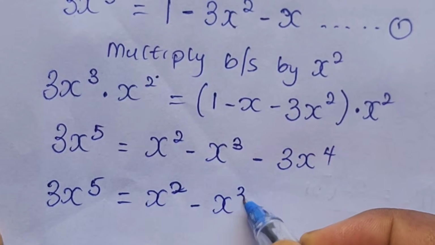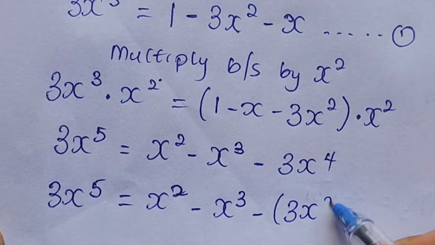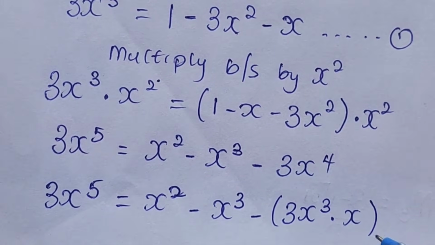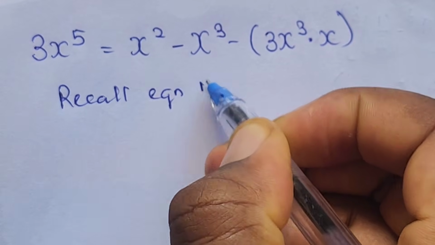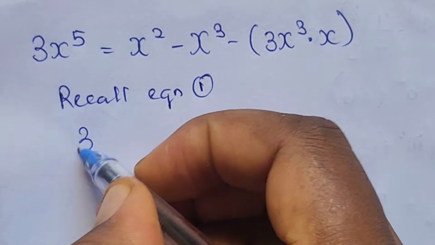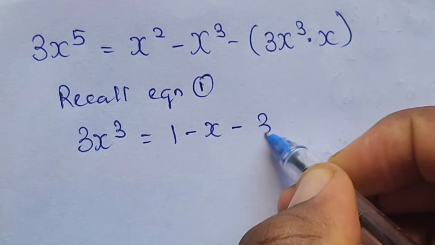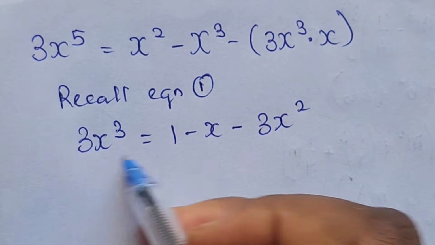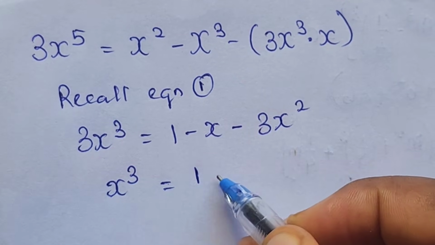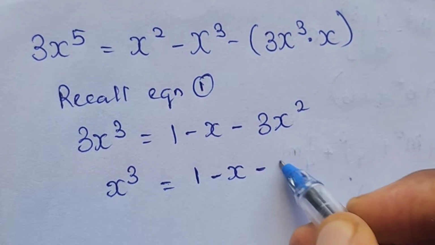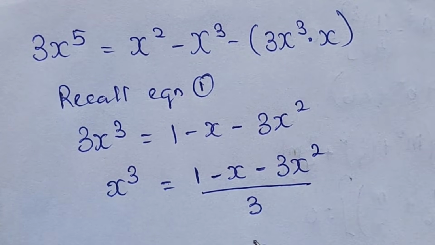Minus x cubed minus, we can split this to have 3x to the power of 3 times x. Now let's recall our equation 1, where we have 3x to the power of 3 is equal to 1 minus x minus 3x squared. When we divide through by 3, we have x to the power of 3 equal to (1 minus x minus 3x squared) all over 3.